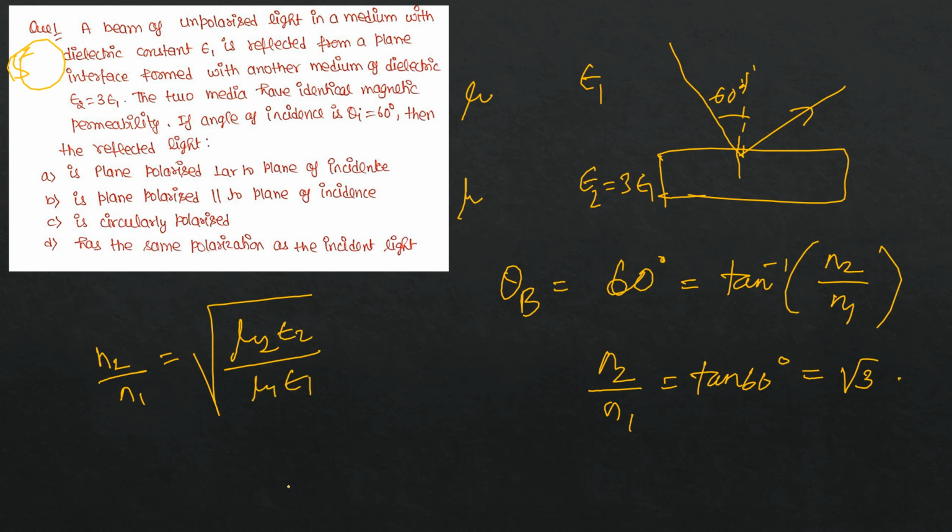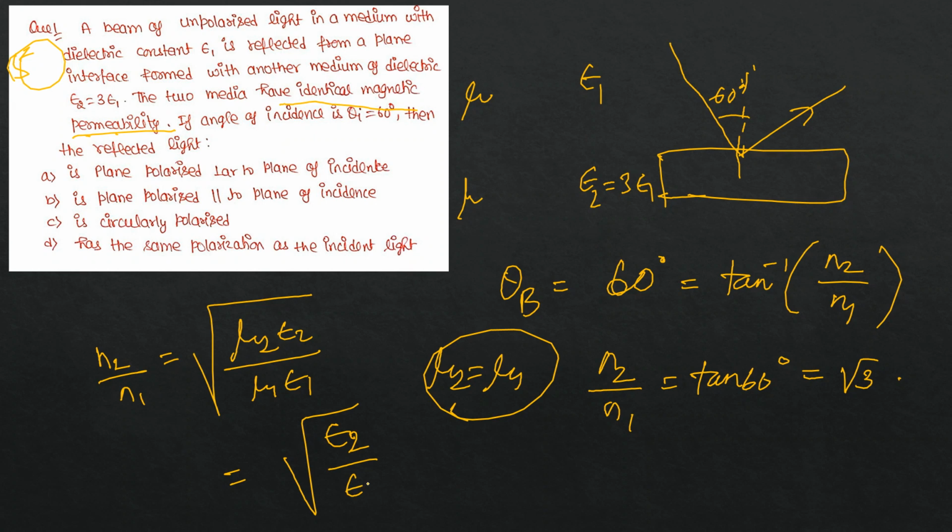Mu 2 is equal to mu 1, as written here, identical magnetic permeability. So what is that? Epsilon 2 by epsilon 1, where epsilon 2 is 3 epsilon 1, so that is root 3.